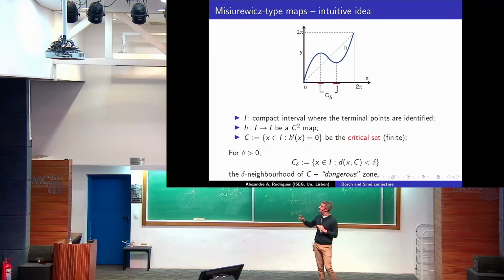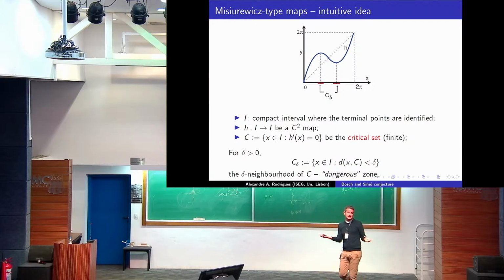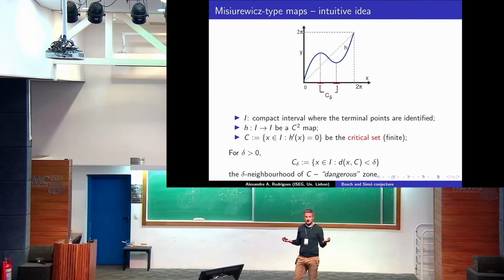Suppose that I have a map with this shape, a map from a compact interval to a compact interval, and I'm going to assume that I have at least two critical points, okay? So C is the critical set, the union of critical points, and for delta greater than 0, I can define a very small neighborhood of the critical points, the danger zone or critical zone, okay?